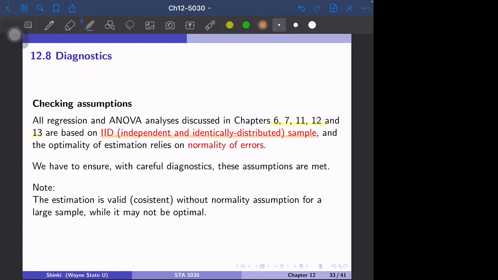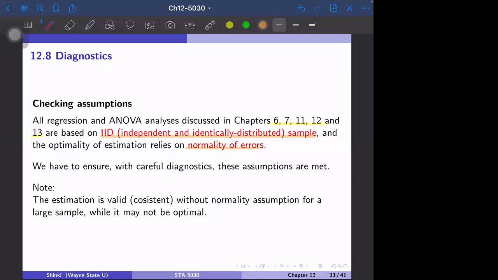Independent means two observations, two errors, are not related, and identically distributed means two errors have the same distribution, for example, the same size of variability. And the optimality of estimation relies on normality of errors.